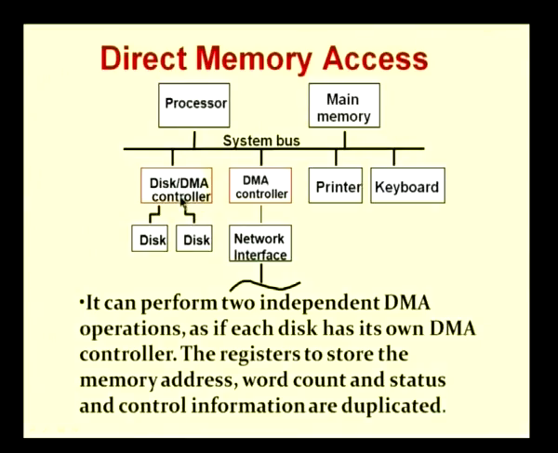So, it is almost like saying that I have 2 different DMA operations that are supported by this controller, and both can be in progress in the sense that the processor could initiate 2 different data transfers and the DMA controller will be responsible for doing these data transfers one after the other. But the processor need not worry about when exactly these data transfers are taking place, that will be handled by the DMA controller. That is the kind of setup that one would typically have.